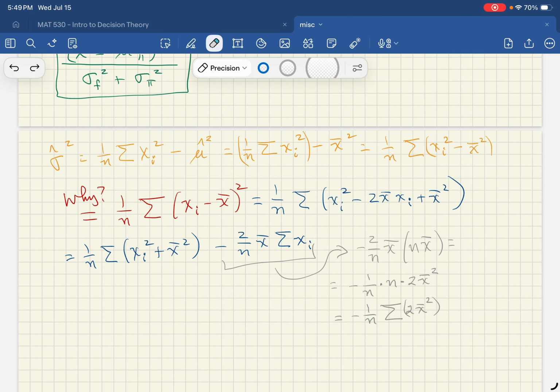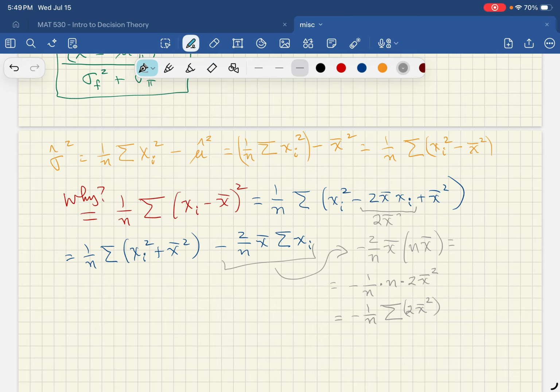So remember that the sum of the xi's is the same as little n times x bar, so replacing that here, then we get this expression here. And now if we put all of this back together, we essentially can replace this part here with 2x bar squared. And from there, I think you can see that these two are the same.